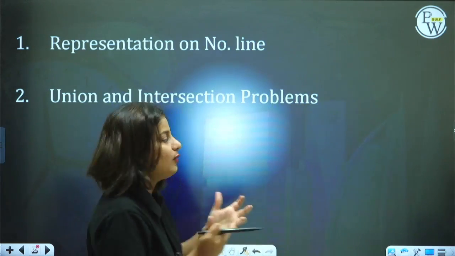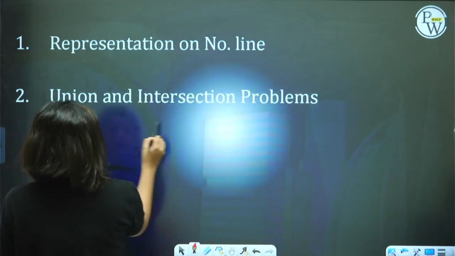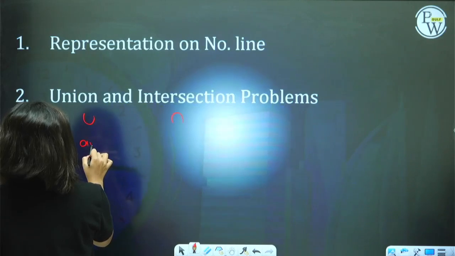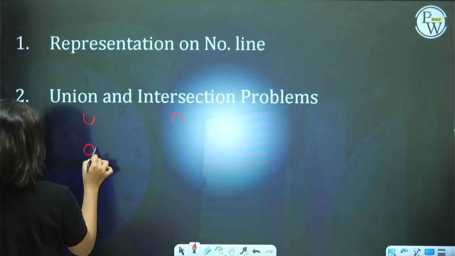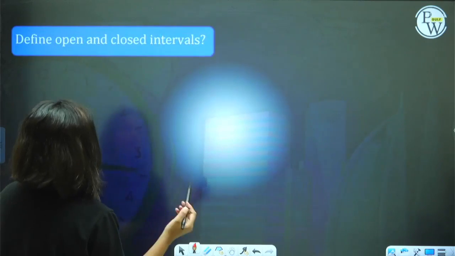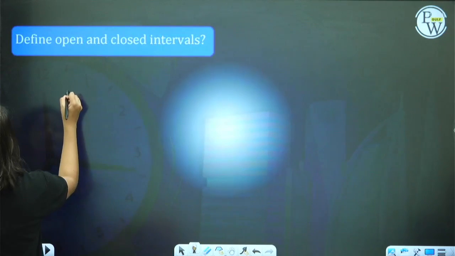Wavy curve method, why we will use, I'll tell you. Union, intersection. Union is or, the keyword for union is or, for intersection is and. Open and closed interval, let's recap once again in case.